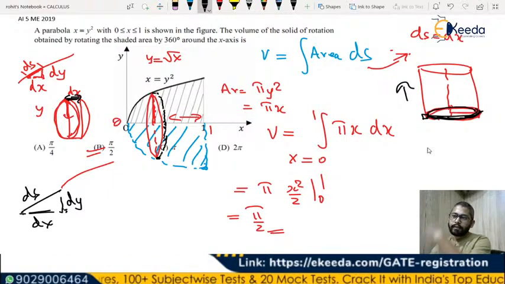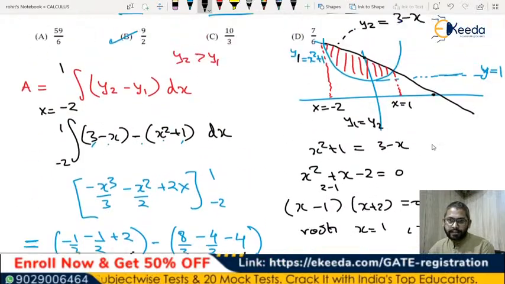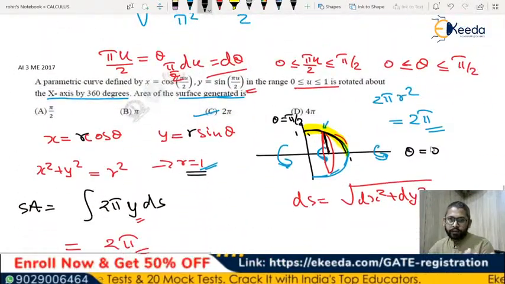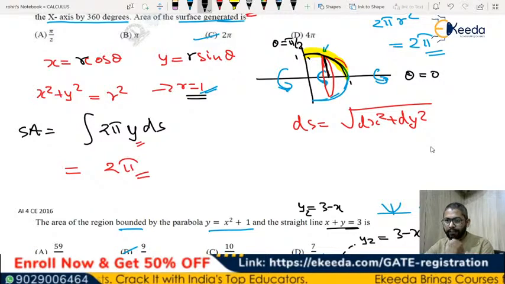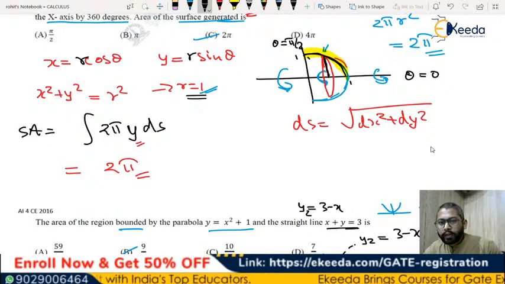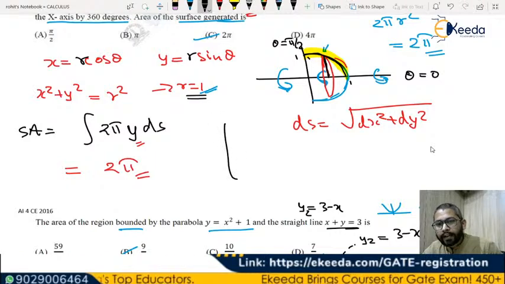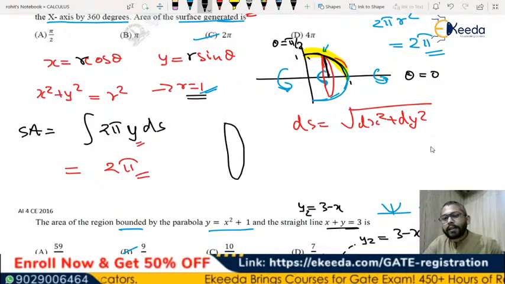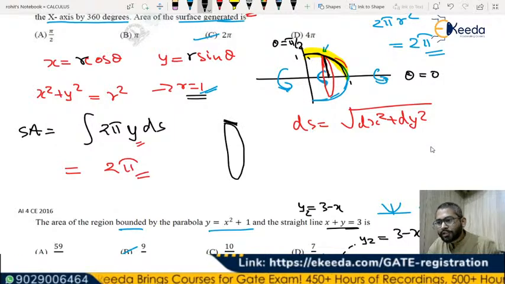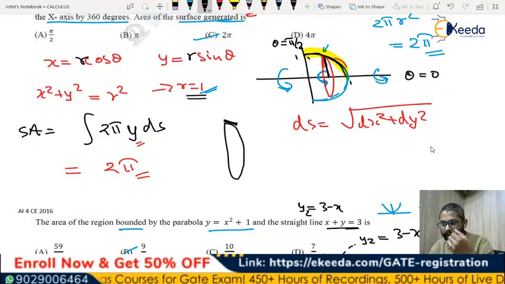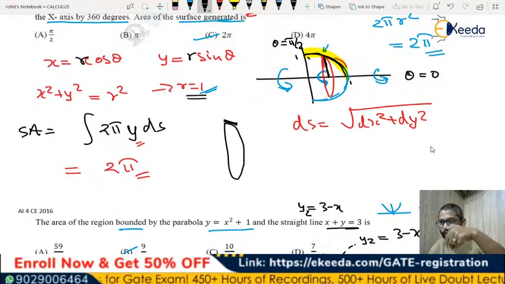But in the previous part where we were discussing the surface area, you will have to take the circumference, and the circumference width will be ds, because that is the length. You are trying to find the area, so it will be length into width.